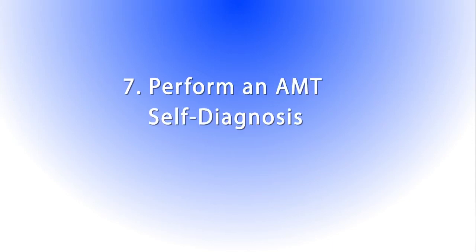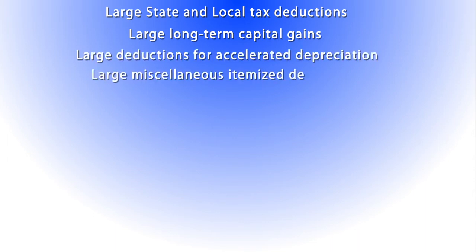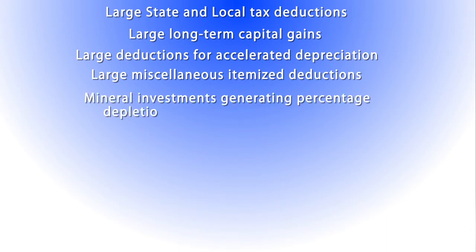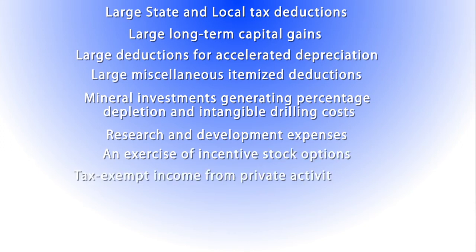Number 7, perform an AMT self-diagnosis. Falling victim to the AMT has many possible causes, but individuals may be particularly prone to AMT if any of the following issues exist: large state and local tax deductions, large long-term gains, large deductions for accelerated depreciation, large miscellaneous itemized deductions, mineral investments generating percentage depletion and intangible drilling costs, research and development expenses, exercising of stock options, and tax-exempt income from private activity bonds.